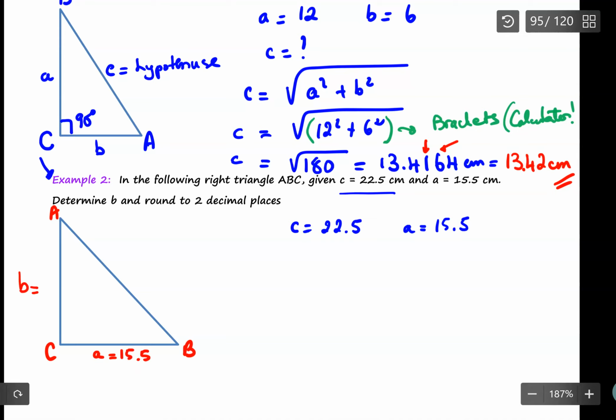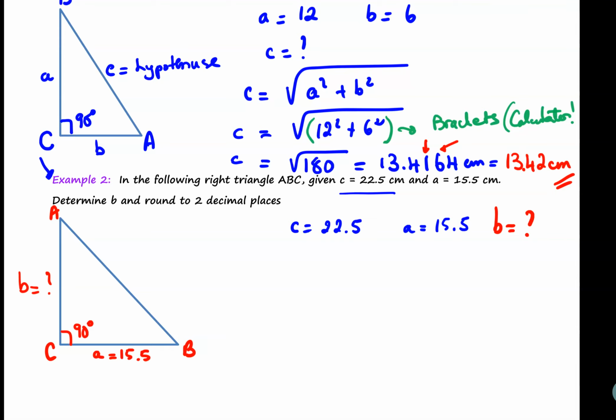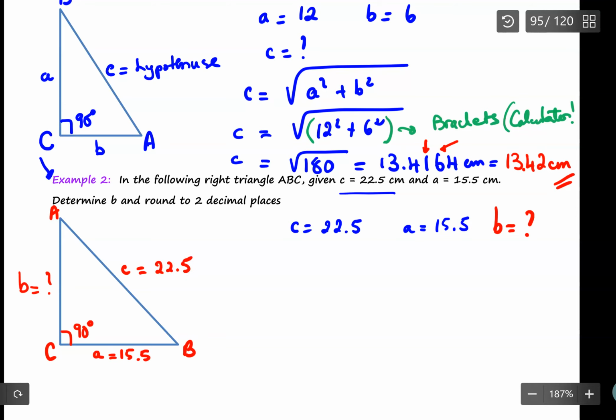B is the one that I have to look for. C is a 90-degree angle, and opposite to this 90-degree angle is the hypotenuse C equal to 22.5.